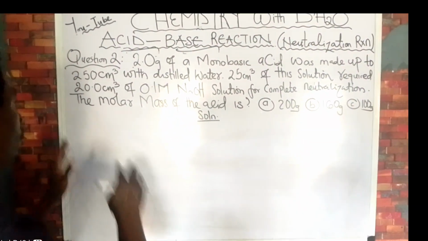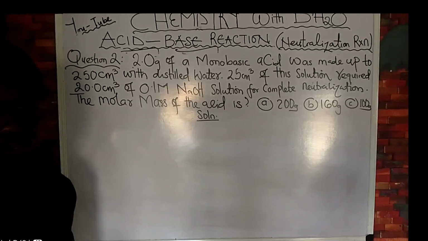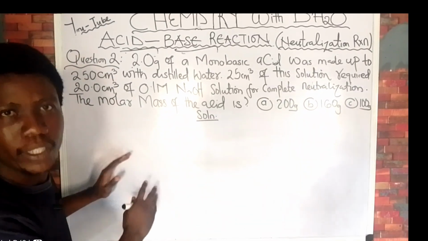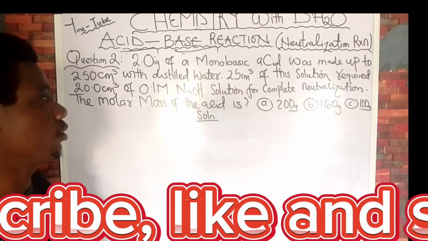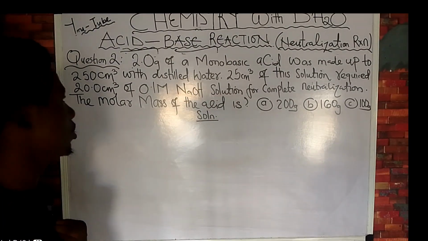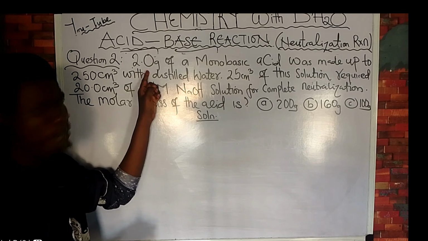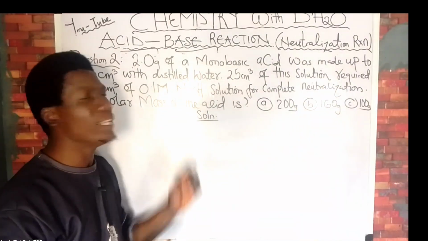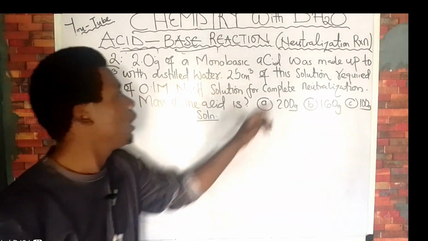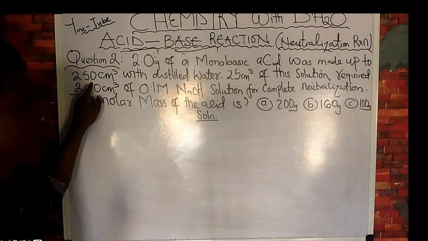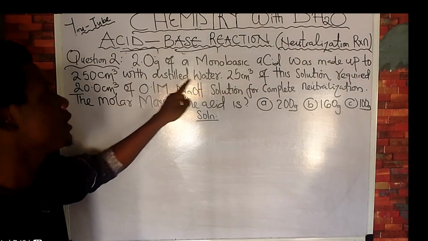Now let's take question number 2. Okay, now this is another phase of the same topic, acid-base reaction. So how do we solve this question? Now let's look at it carefully. 2.0 gram of a monobasic acid was made up to 250 cm³ with distilled water.